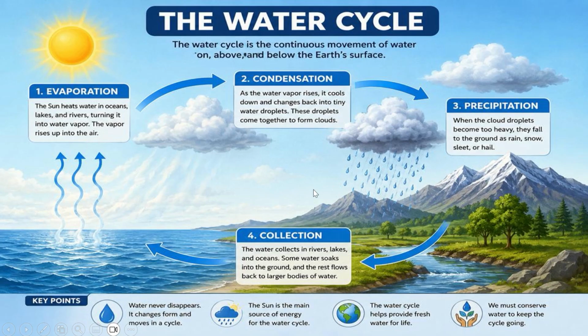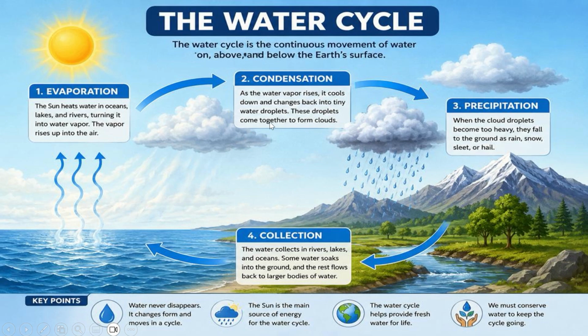So that's how evaporation is. Then it later changes into condensation, the cloud form. As the water vapor rises, it cools down and changes back into tiny water droplets. These droplets come together to form what? Clouds. So from vapor to condensation, and that's the cloud form.